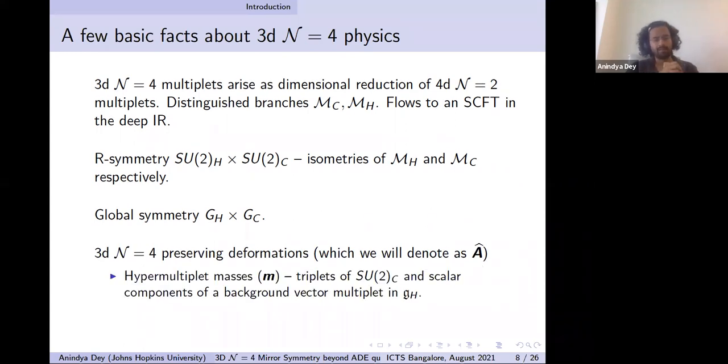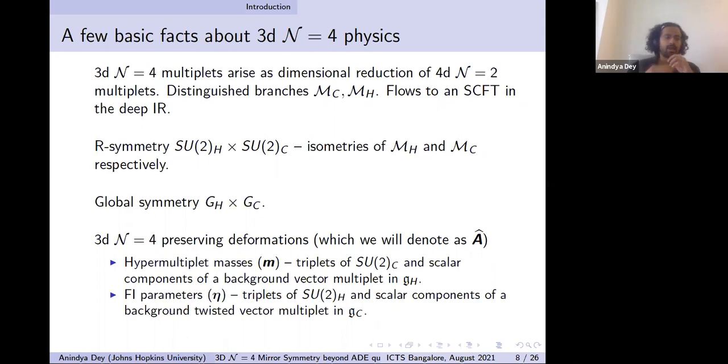These include the hypermultiplet masses, which are triplets of SU(2)_C and scalar components of a background vector multiplet in the Cartan of G_H. And you have Fayet-Iliopoulos parameters, which are triplets of SU(2)_H and scalar components of a background twisted vector multiplet in the Cartan of G_C. That is all you need to write down a 3D N=4 Lagrangian with these deformations.